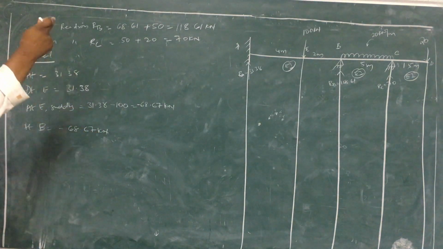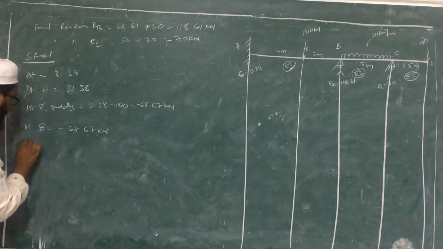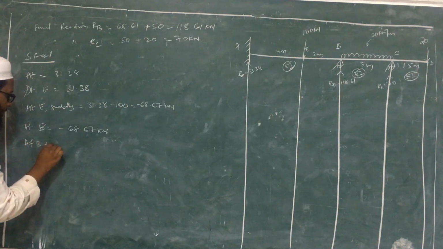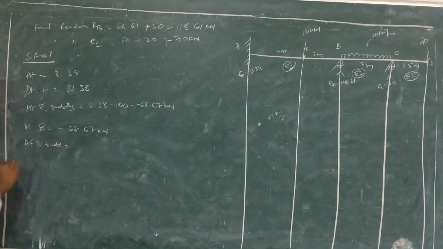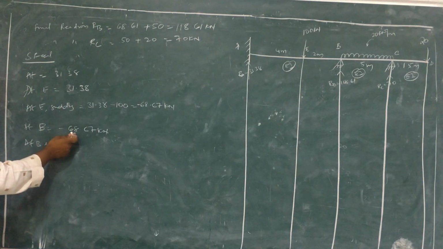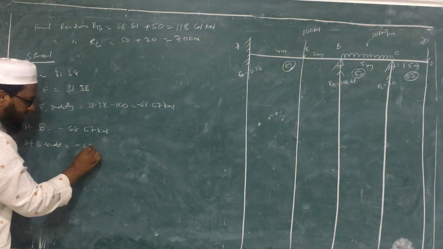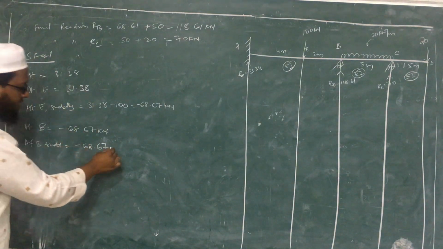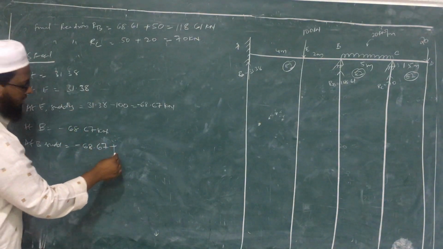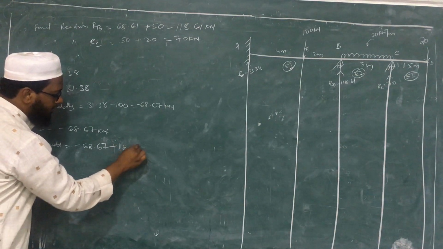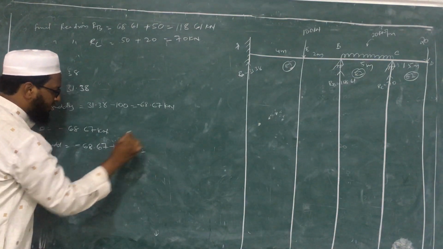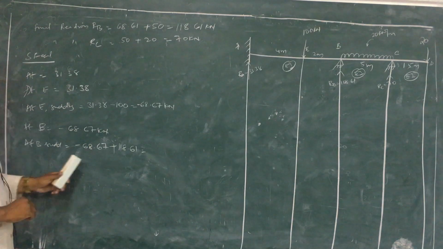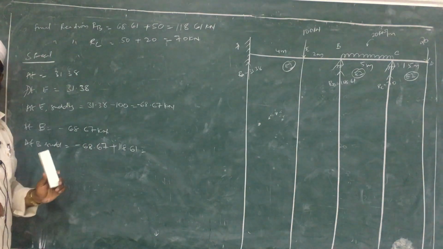Since we have a point load at B, what I will do there now? At B, suddenly, what happened? What is the previous value? Minus 68.67. RB is going in upward direction, so plus 118.61. What is the value now? 118.61 minus 68.67.